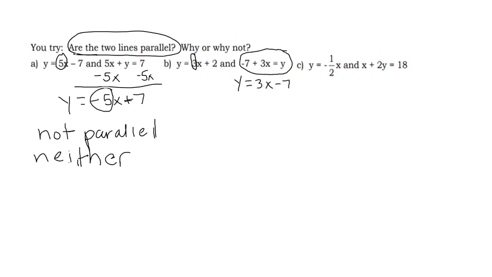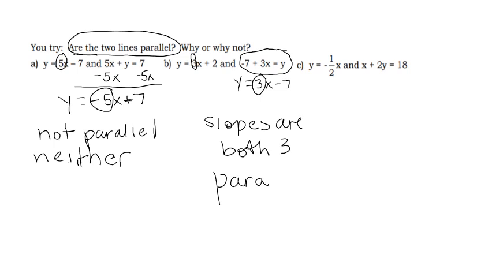And that'll just make you feel so much better. And you'll see the slope is also 3. So we'll say here the slopes are both 3. So the lines are parallel. Just a little something to try to trip you up there.